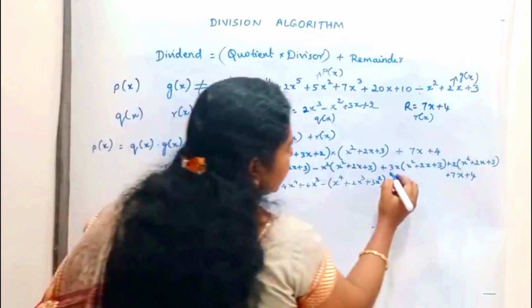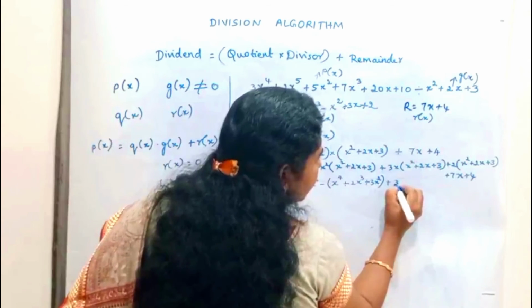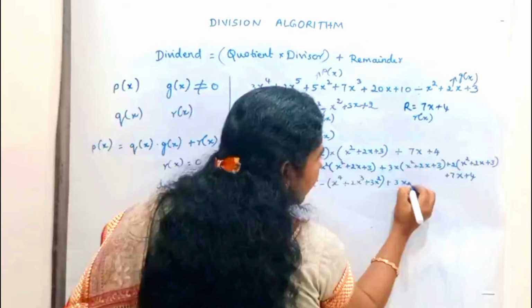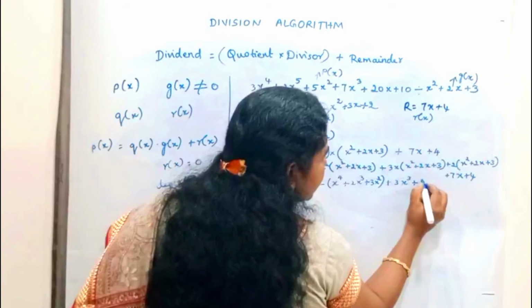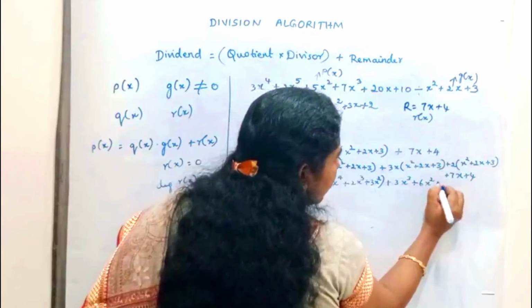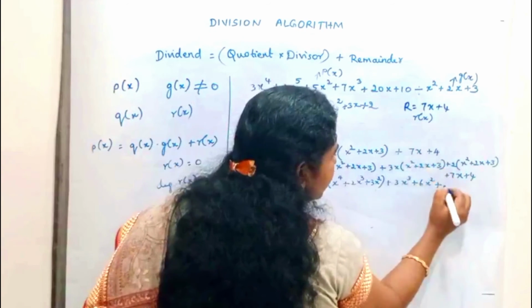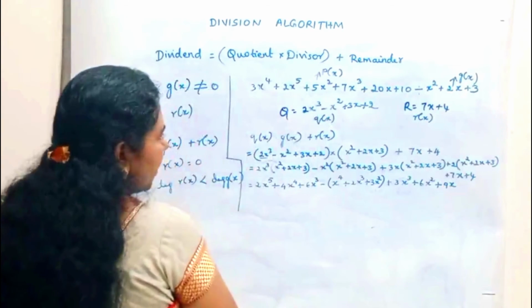Now the next it is plus 3x into x square. So it becomes 3 into x square, it is x cube. Now plus 2 into 3, it is 6, x into x, it is x square. Now the next plus 3 into 3, it is 9, and here we are having an x, so 9x.